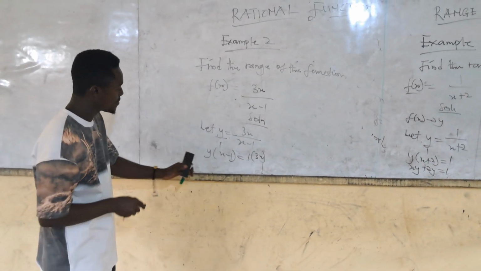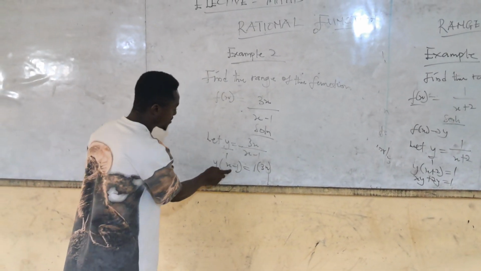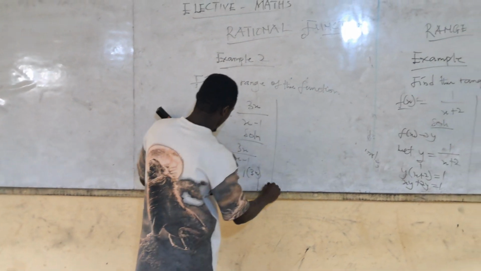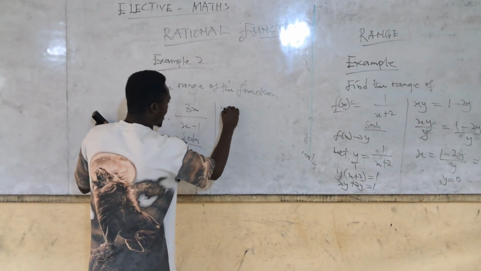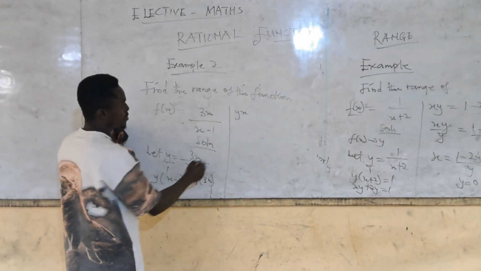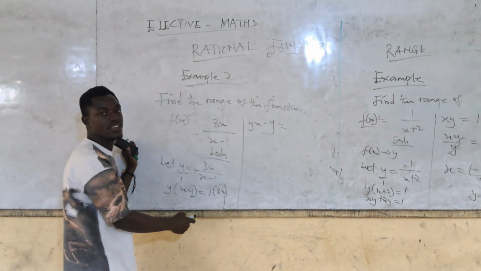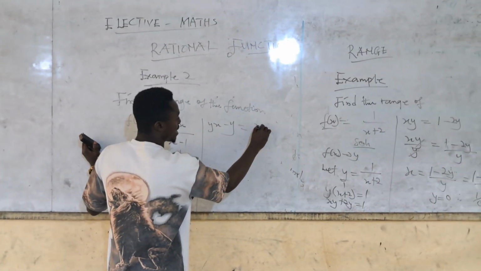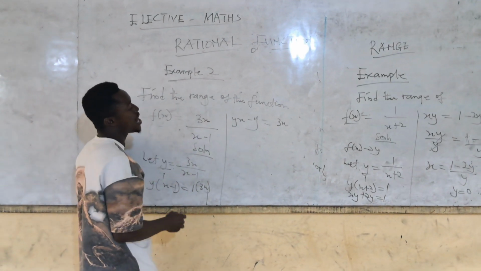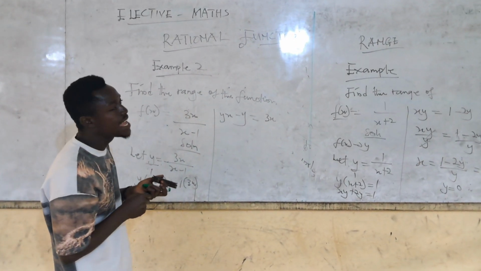Let's expand the brackets. We have y times x, which gives yx, and y times minus 1 gives minus y, equals 1 times 3x, which gives 3x. From here, our main aim is to make x the subject.